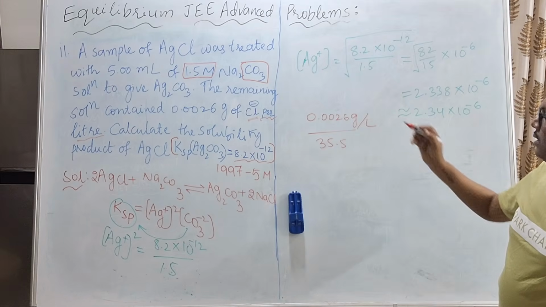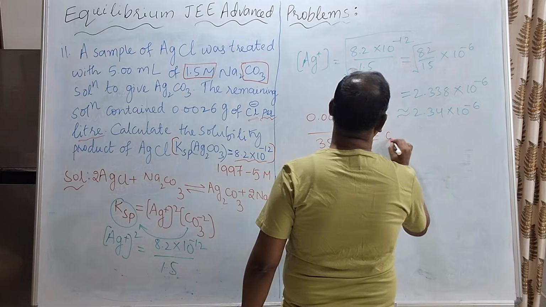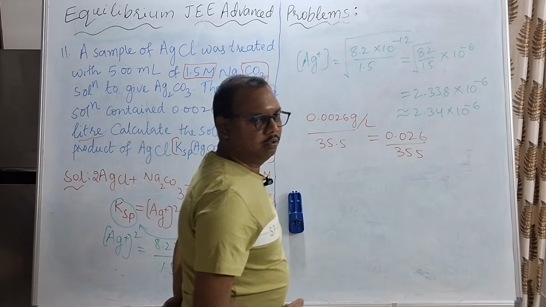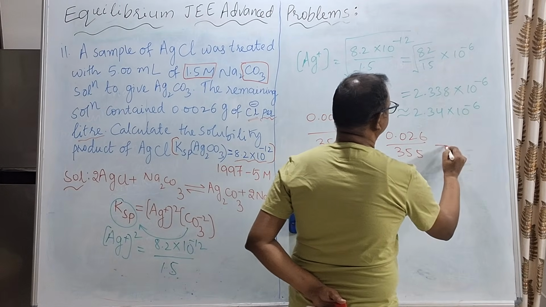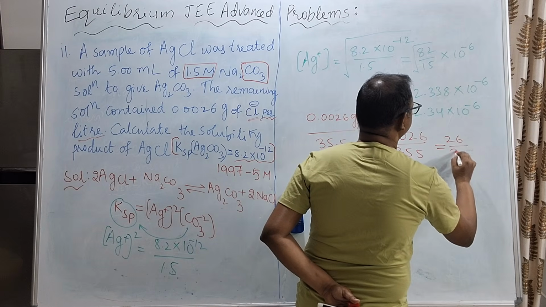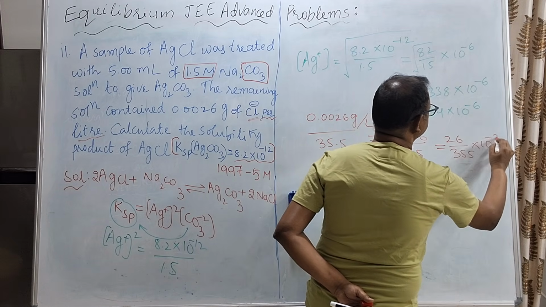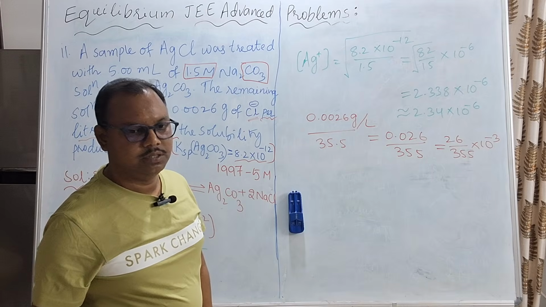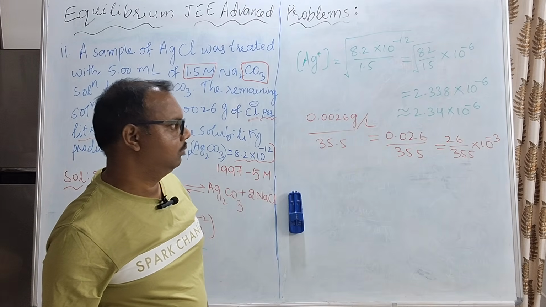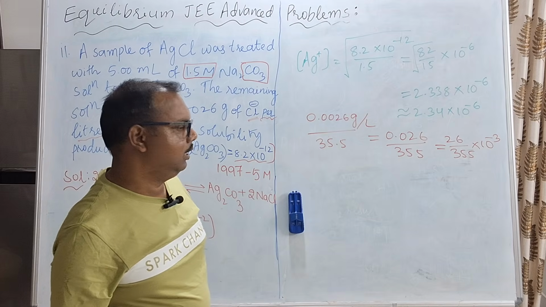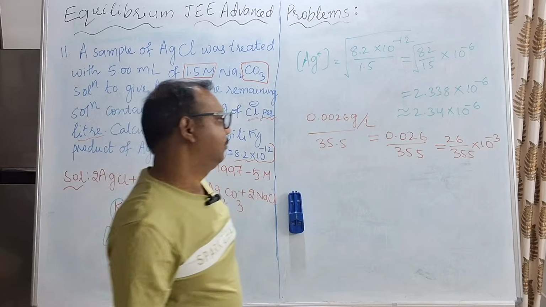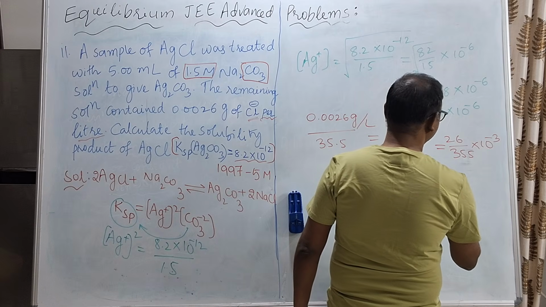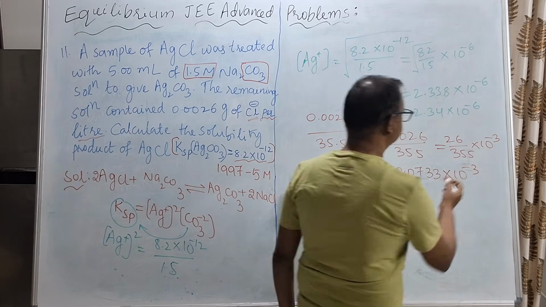It can be written as 0.026 by 355, which can also be written as 26 by 355 into 10 power minus 3. That is 0.0733 into 10 power minus 3.